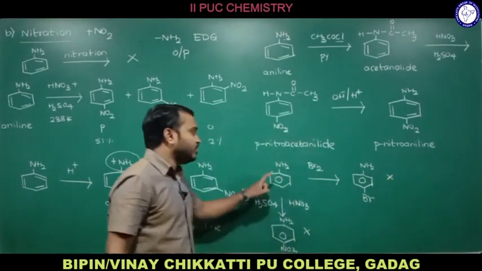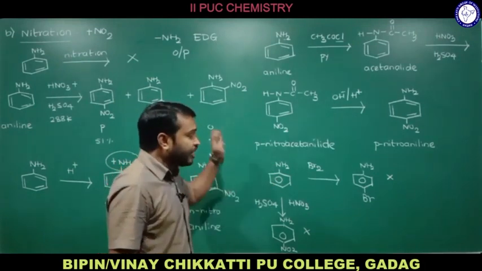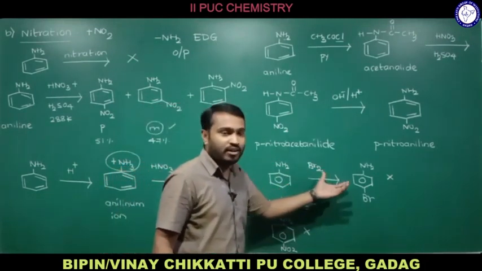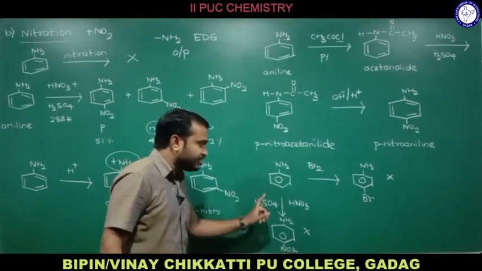As we know, the NH2 group is highly active in nature. It gives a tri-substituted product in case of bromine water, and here we are going to get the para-substituted product. So this kind of reaction is not possible.